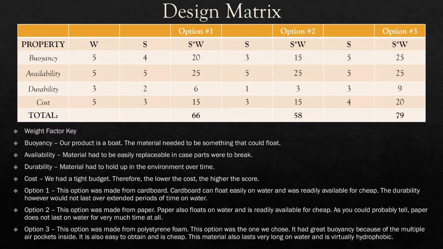It floats on water because it has multiple air pockets inside it, and it's also very easy to obtain, and it's cheap, and most of the time you can buy it in bulk. And it doesn't really lose any durability to water because it's virtually hydrophobic.